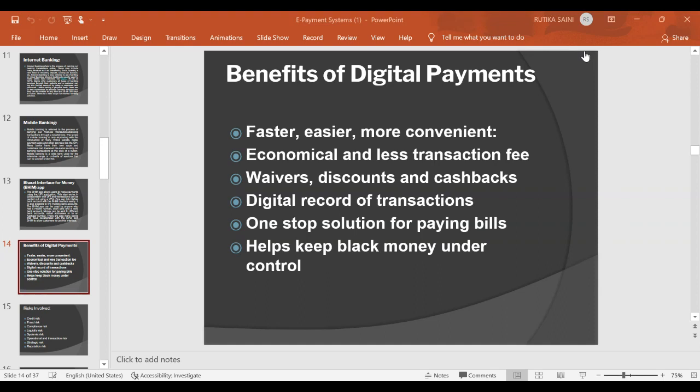Here is one question: what is NEFT? It is not NFT, it is NEFT, and it stands for National Electronic Funds Transfer. And Vishal is asking about the maximum amount limit. So it varies from one bank to another.